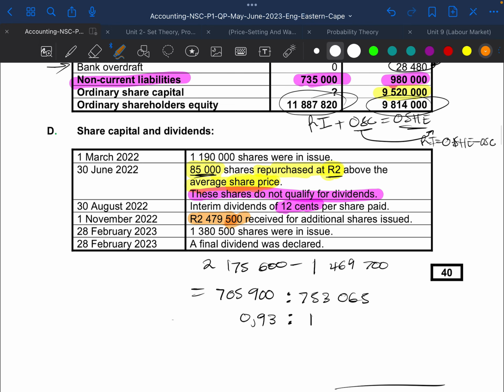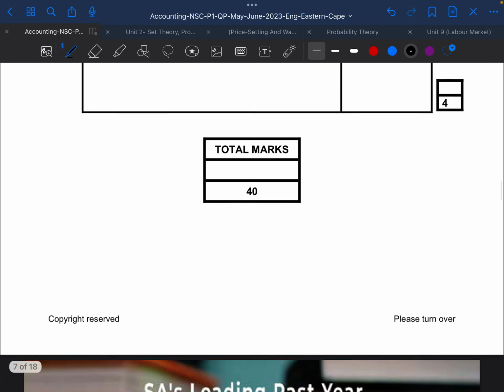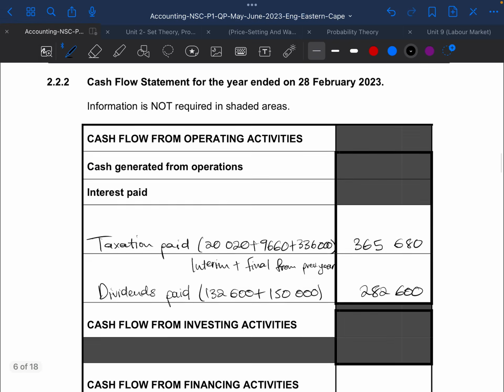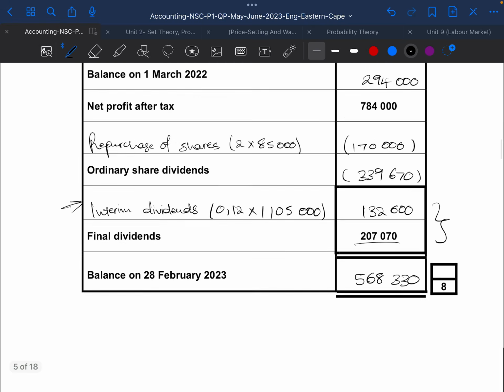Okay, so 1,380,500 shares were in issue at the end, because this is 28 February 2023, and then the final dividend was declared after that. So the final dividends were declared for a total of 1,380,500.